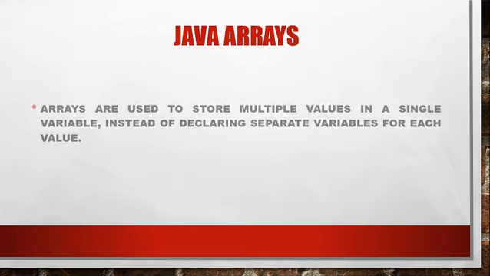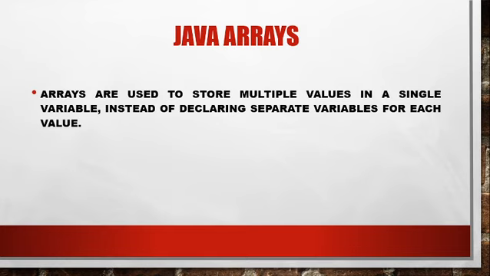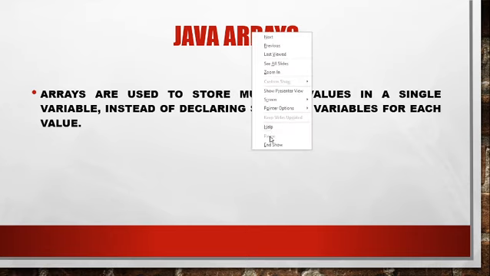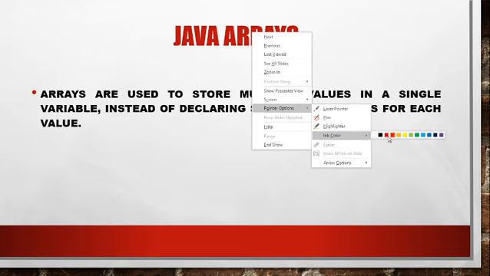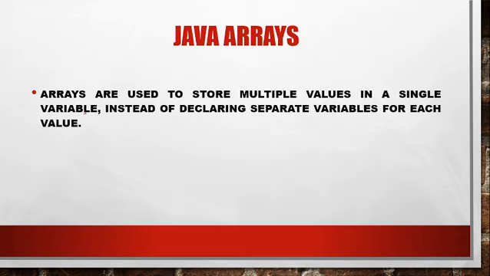Java arrays. As we know that arrays are used to store multiple values in a single variable. Simply, you can say that arrays are used to store multiple values in a single variable.